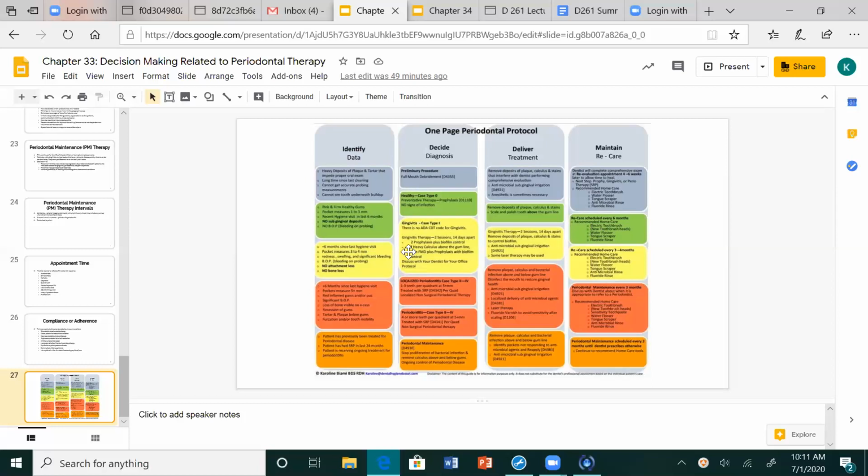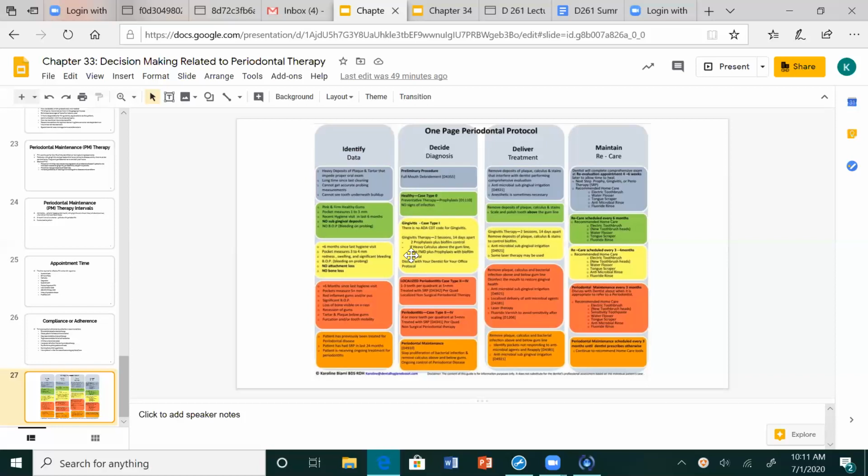We could do a full mouth debridement plus a prophy if they have a little bit more buildup. We could do a prophy 1, prophy 2, okay?